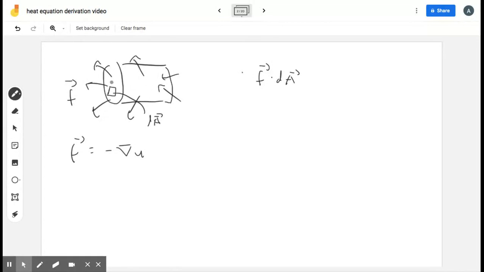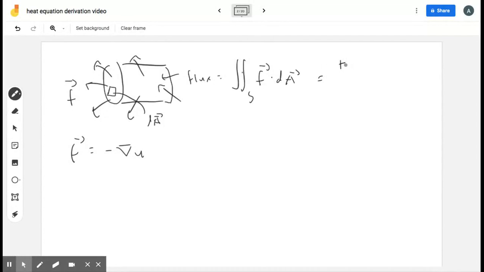And then I'm just going to sum up all these F dot dA's everywhere, and I'm going to take the surface integral. And this right here would be the flux, right? And the flux of this would tell me how much heat is flowing in or out of this object.